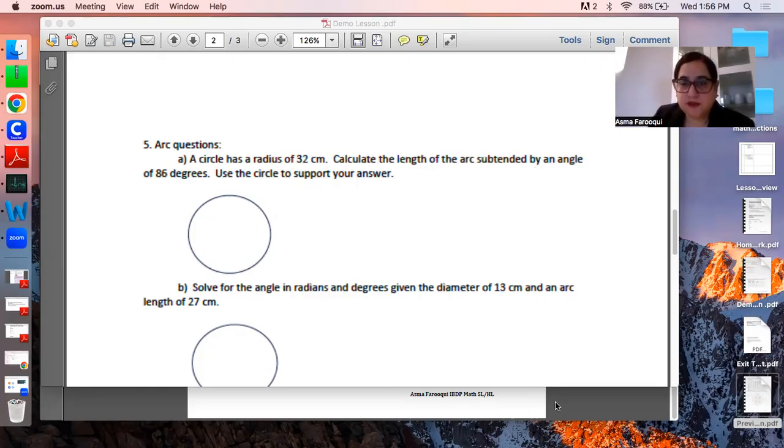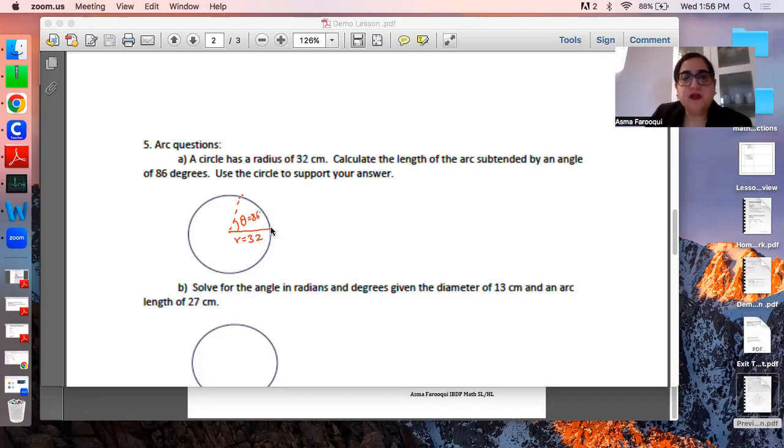So let's draw. They're saying our radius from here to here is 32 centimeters. And it is an angle of 86, which means a little less than 90 degrees, so somewhere here. Okay? This angle is given as theta, which is 86 degrees.